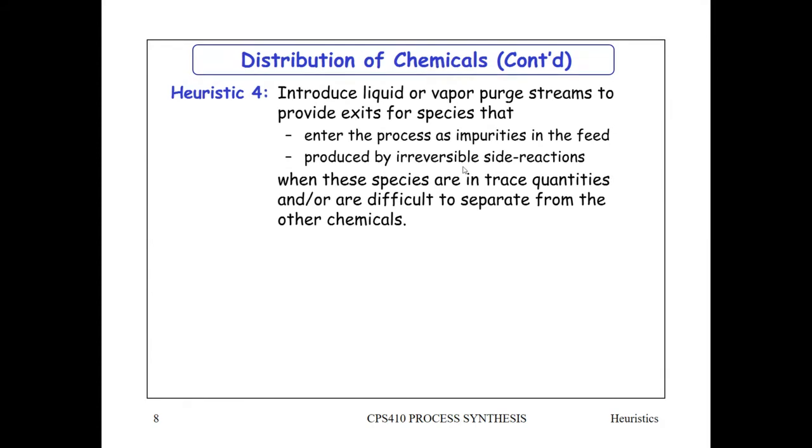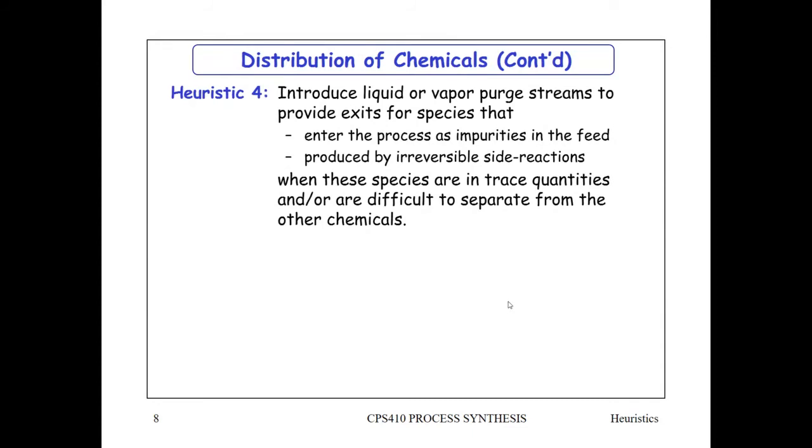You can't push the side reaction to be reversible back to the starting materials. And so it has to be removed, and the way to do it is a liquid or vapor purge stream. And that is only when these species are in trace quantities and are difficult to separate from the other chemicals.